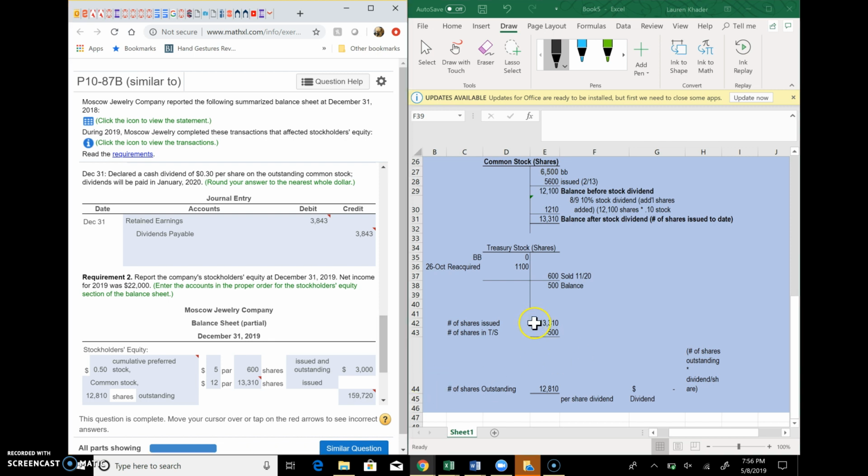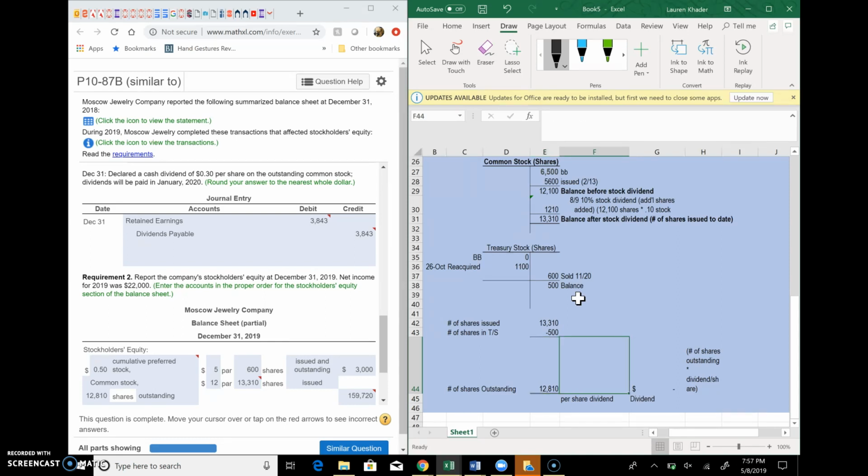So you take the number of shares issued, which is from your balance above in your common stock, so beginning balance plus the issued shares plus the stock dividend shares less the treasury stock shares that are still held by the company. So 13,310 minus the 500 shares in treasury stock gives you 12,810 shares outstanding.